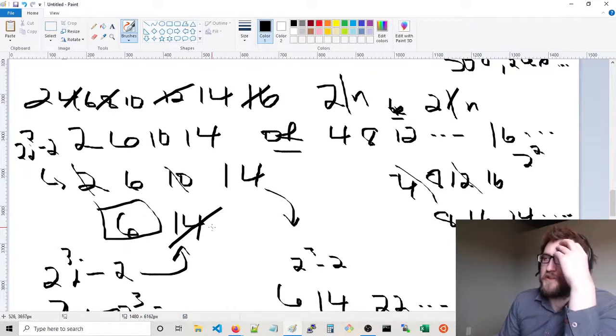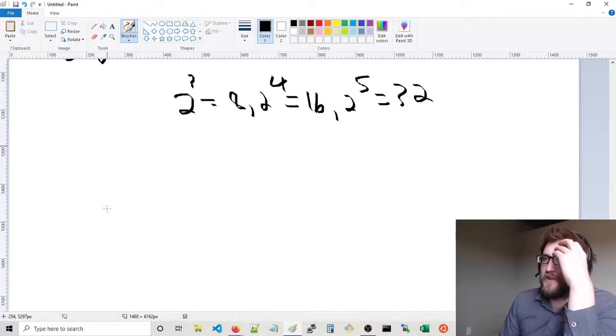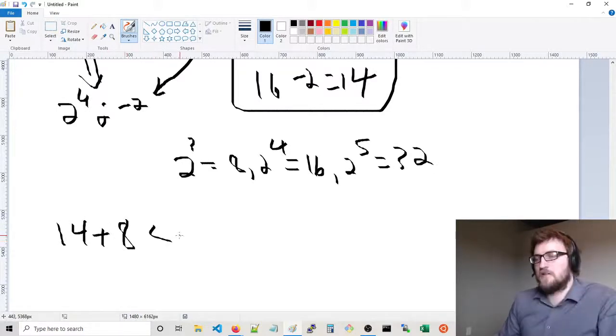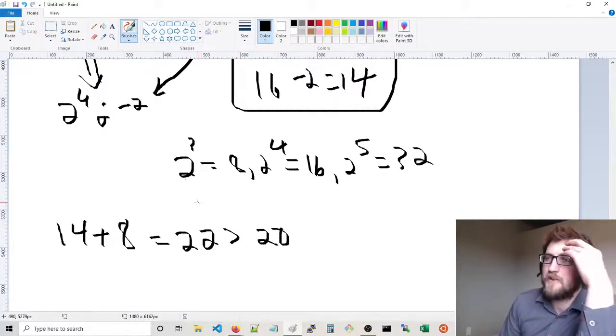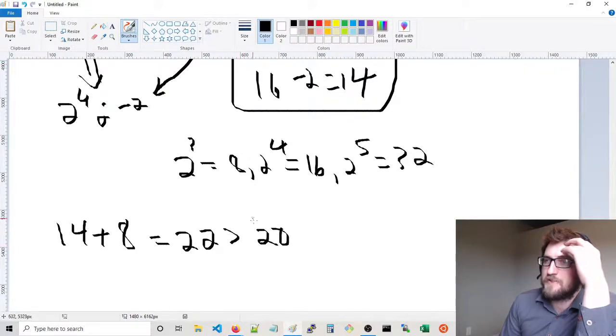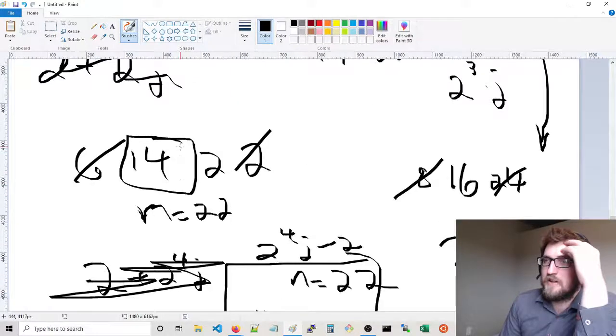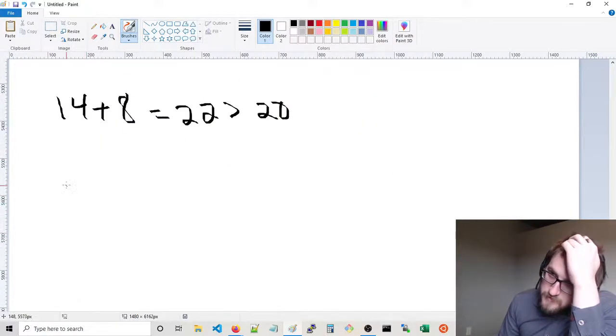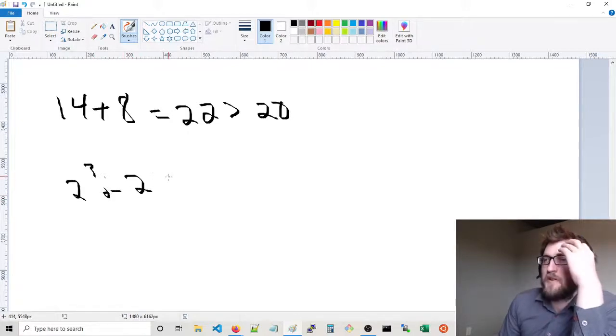If you add 8 to 14, that's greater than 20. And therein lies the problem. You've got to be less than or equal to n for that to exist here. I think it's actually 2 raised to the third j minus 2 equals 22. It's got to be less than or equal to n.